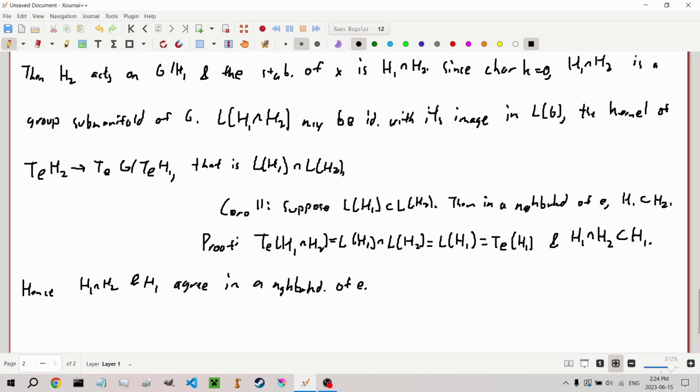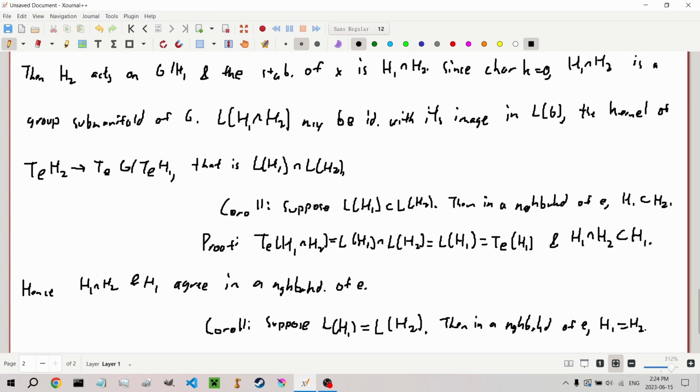We have an immediate corollary, where if we just take this inclusion both ways, so if two algebras match up, then in a neighborhood of E, these submanifolds have to match up themselves.